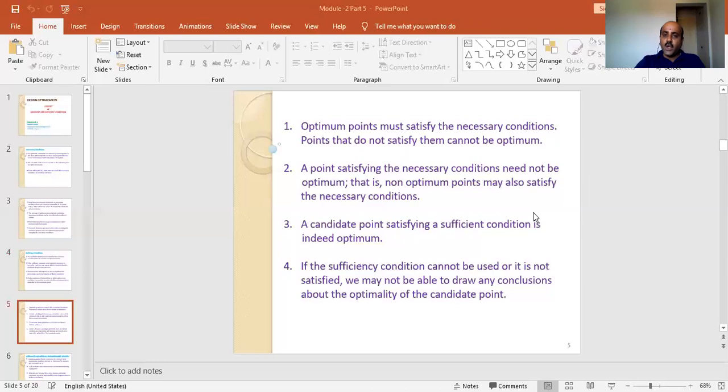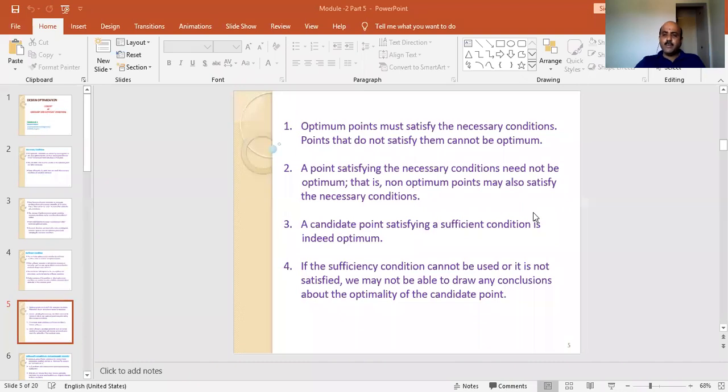Optimum points must satisfy the necessary conditions. Points that do not satisfy them cannot be an optimum. Please remember, these 4 points are very important for you to go for further understanding. Right? Optimum points must satisfy the necessary conditions. Points that do not satisfy them cannot be an optimum.